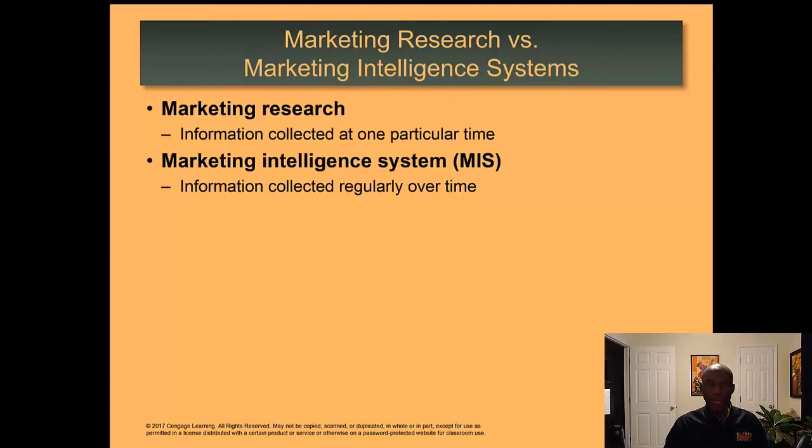So you have that element of marketing intelligence. You also have information collected over a period of time so that you can develop patterns and you can maybe develop some type of framework for addressing that particular market.